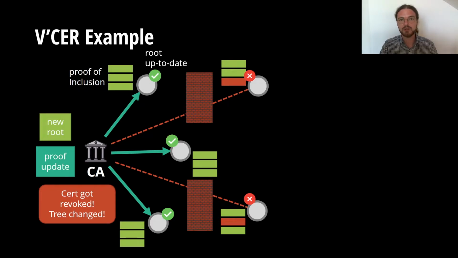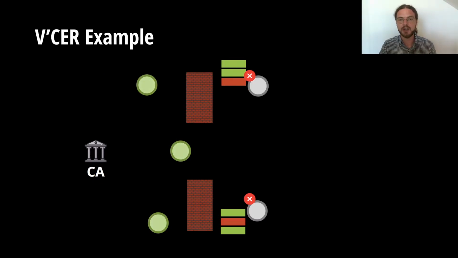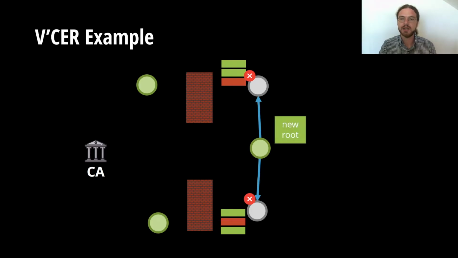However, a couple of nodes will not receive this update because they're obstructed, hibernating, or similar. So if we simplify the view here a little bit with the updated nodes, and for example, one node moves, it will meet other nodes. And in this case, it can actually share the new root, which is universal for all nodes.